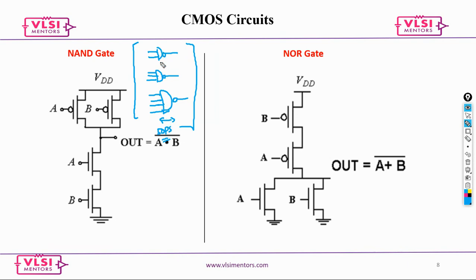Now look at NAND 2. You are going to implement the same thing. I need to verify the functionality, but definitely you need a minimum of two stages, or you might end up adding one more inverter.